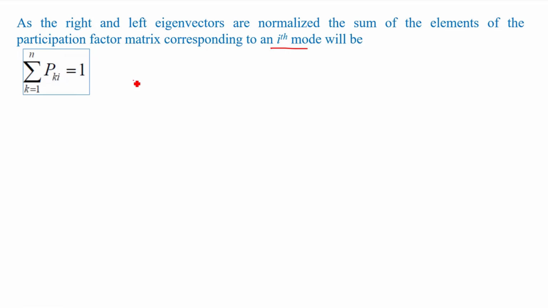So if we write the participation matrix like this, let me write it. It is equal to p1, p2, pn, right? And let us say pi is somewhere in between.